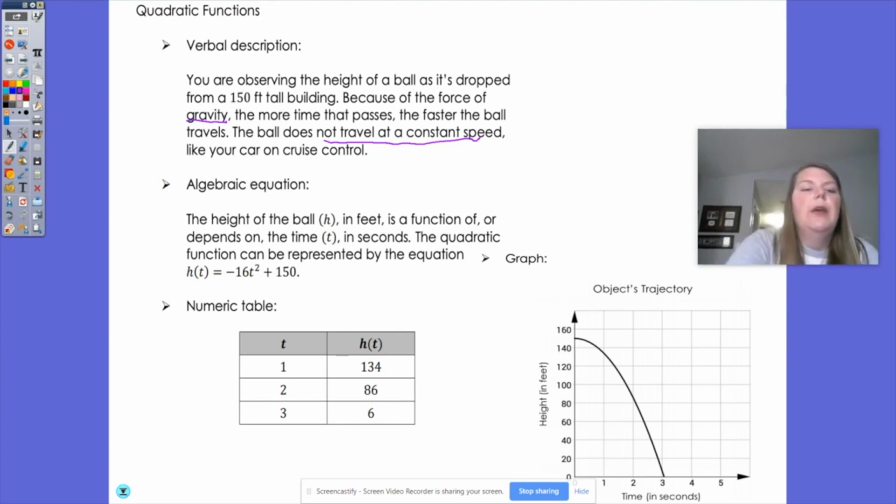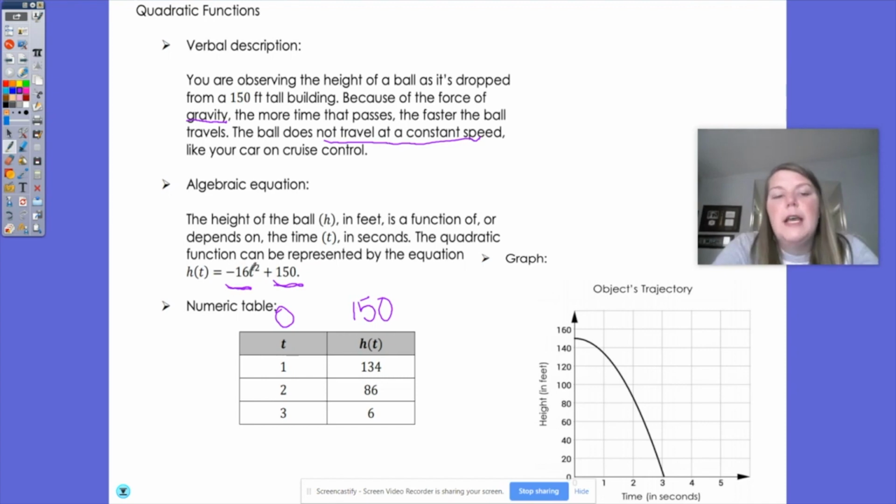When we write this equation, the negative 16 comes from that force of gravity. t is your time, squared, and then 150 is your y-intercept, or the starting point, in this case where the ball is dropped from. If we added one more line to this table, at time 0 we would be at 150.